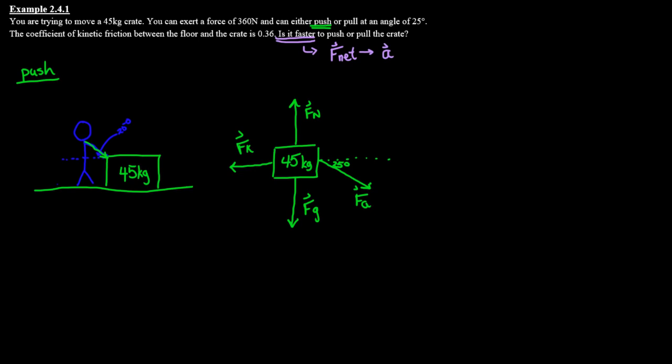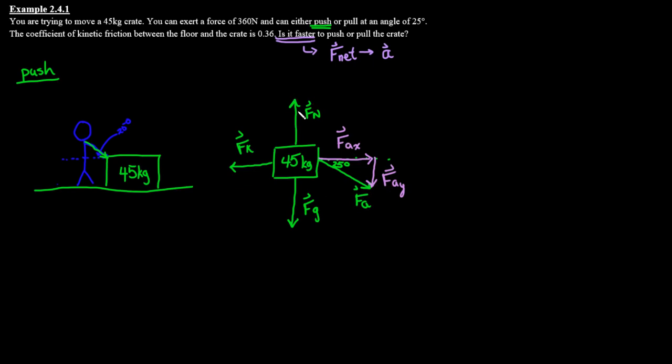Notice what we're going to be able to do is we have to break down our applied force into an X and a Y component. And if you look at the applied force in the Y direction, notice the applied force in the Y direction is acting down, the same direction as gravity.